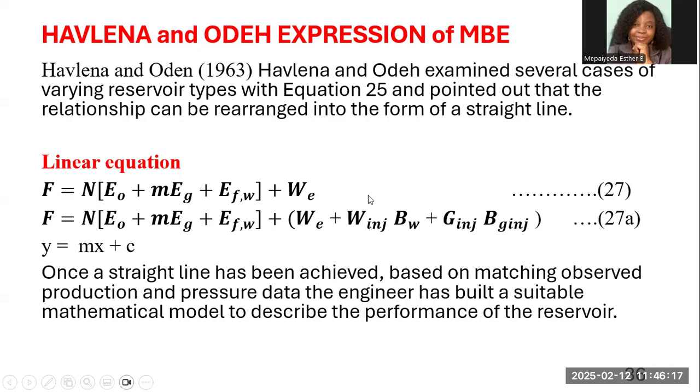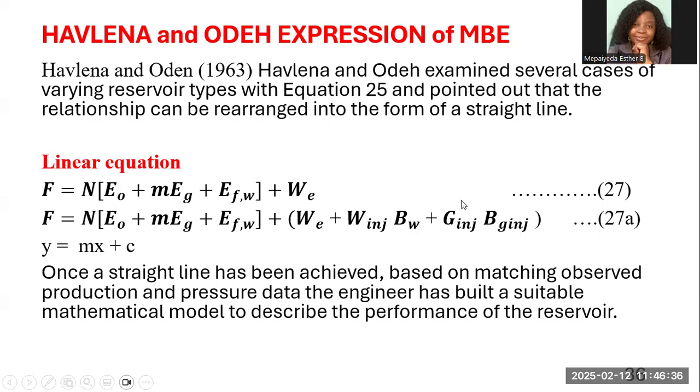In case some texts include this, I mentioned it in part 2 of this video, where you have water injection and gas injection pressure maintenance, you have your Bw and your Bg injection.